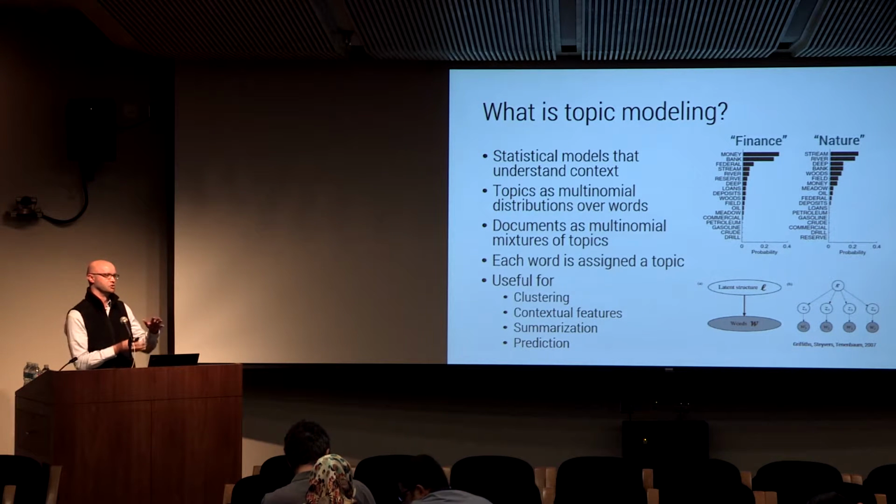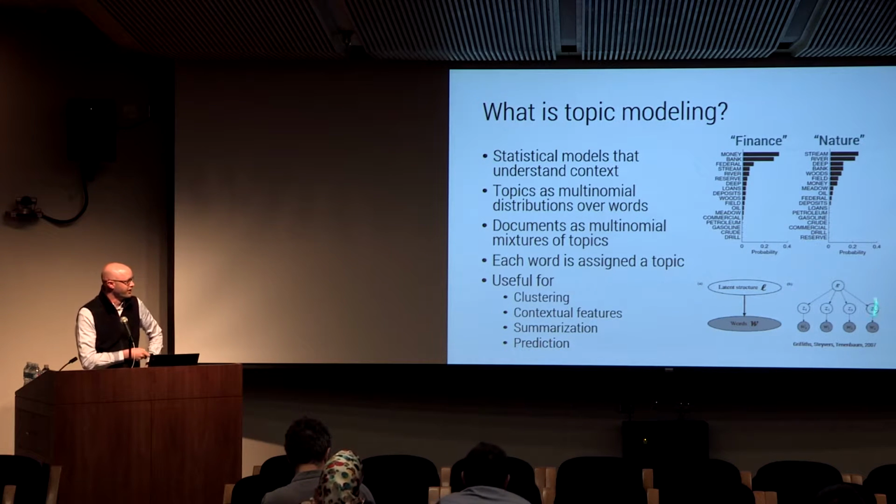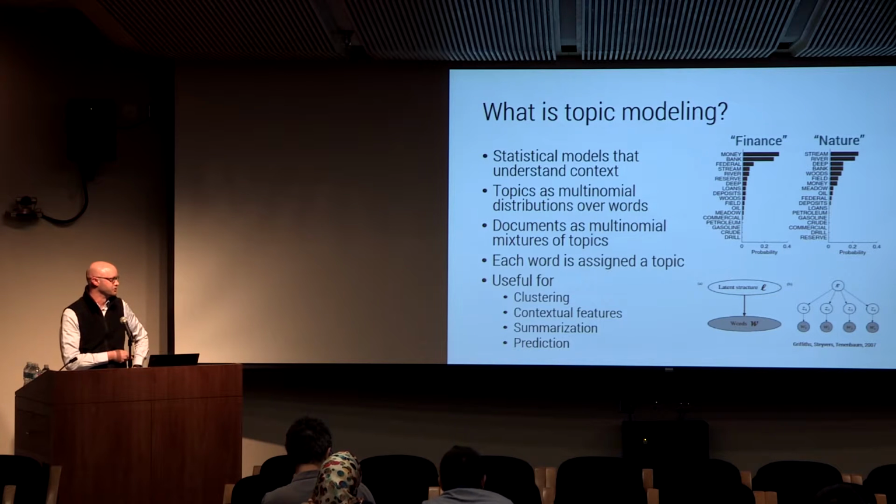You don't want to accidentally classify the Foley catheter as a name rather than a device, right? So you want contextual features that can tell you the different ways in which medical terms are used. Summarization and prediction.